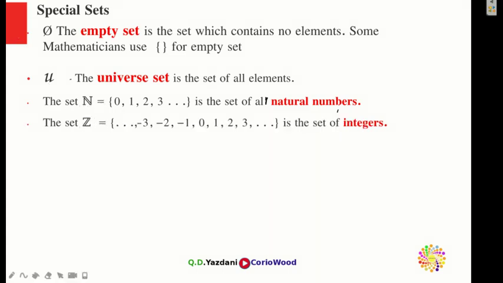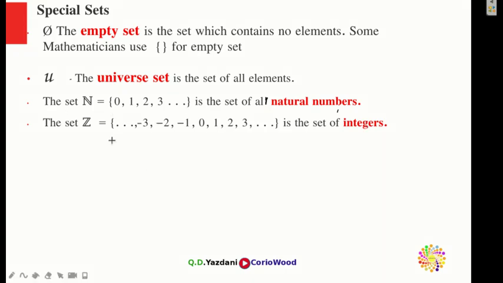Okay, so the set Z. Keep in mind we have 0, and we have minus 1, 2, 3 and so on, and we have 1, 2, 3 and so on. It is the set of integers.